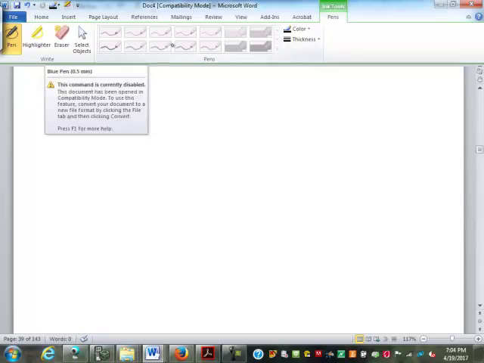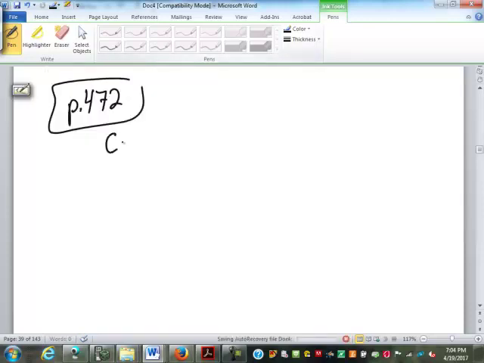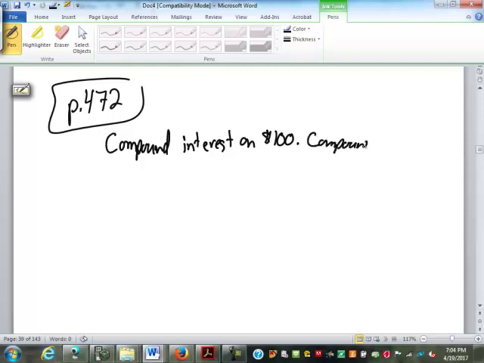If you look at the top of this table, it's labeled compound interest on not $1 but $100, compounded daily. Now it also says exact interest, 365 days. That's just saying they're using exact interest rather than ordinary interest, because it's an investment instead of a loan.